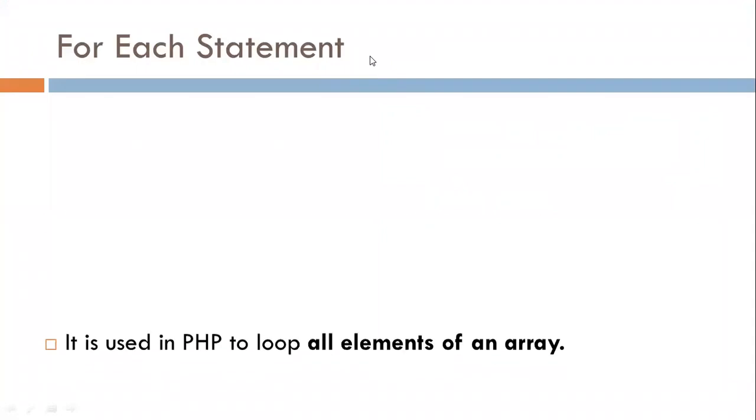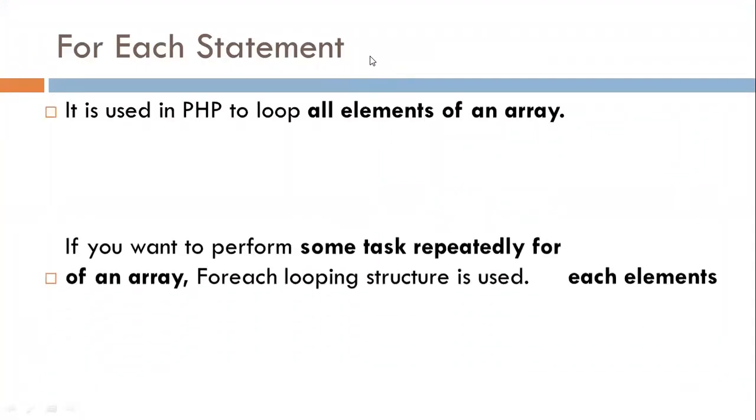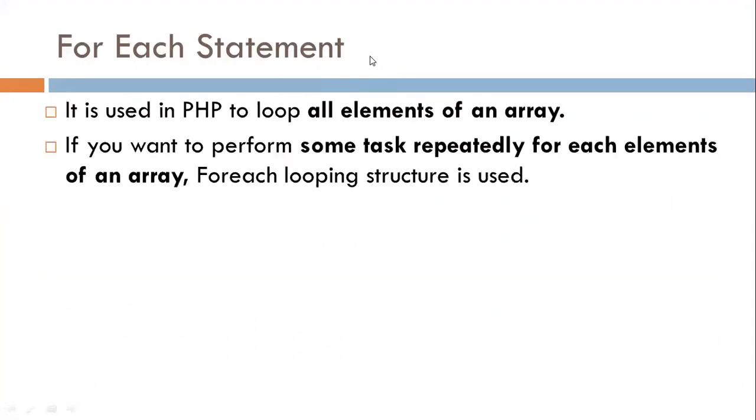Okay. Now start with a new topic, which is the foreach statement. It is used for looping purposes in an array. If you want to perform some task repeatedly for each element of an array, the foreach looping structure is used.